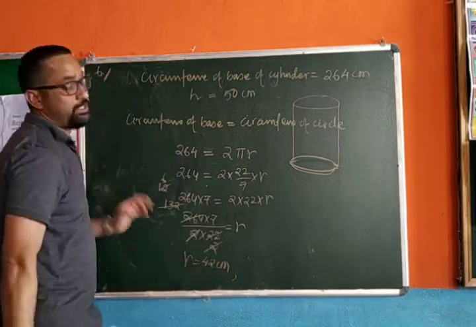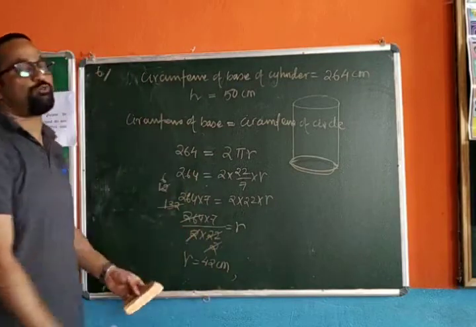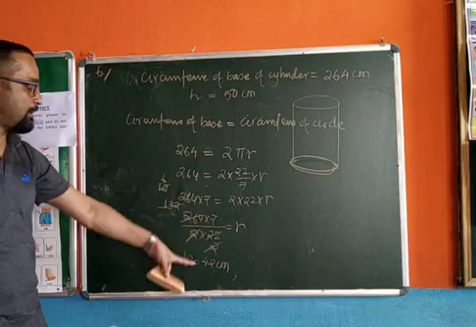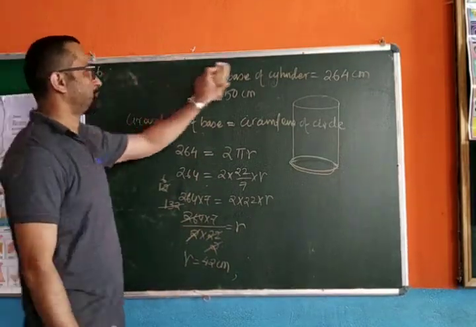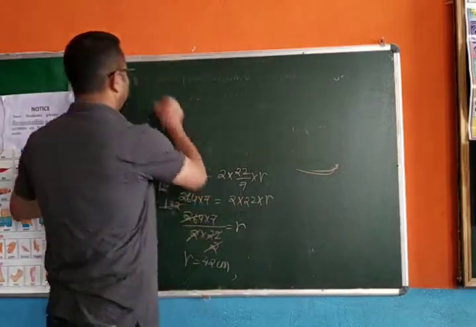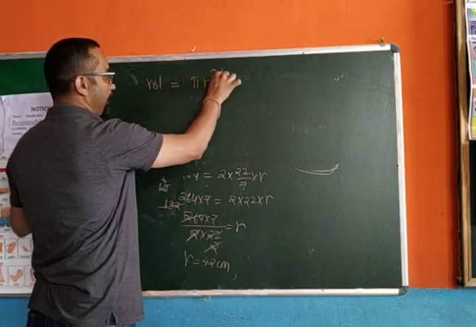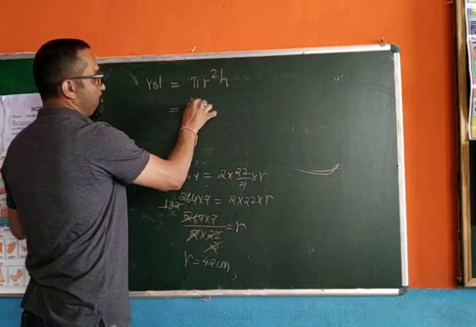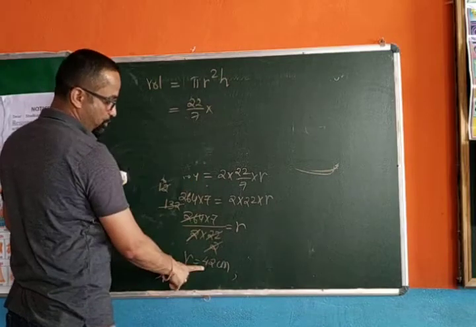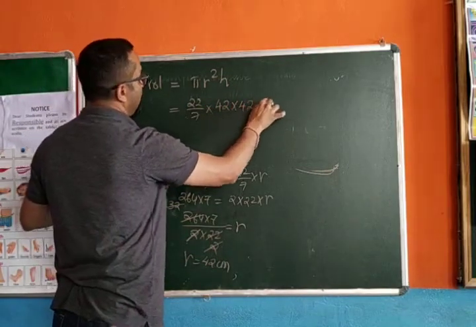We know the radius. And once you know the radius, you can get the volume easily because you need height and radius. Volume is equal to pi r squared h. 22 upon 7, radius we got 42, 42, height we know 50.